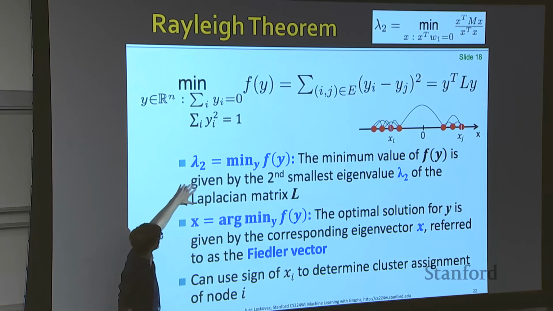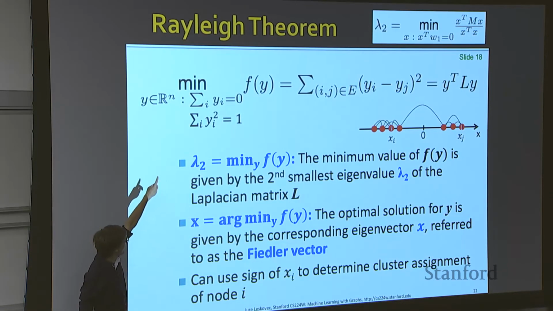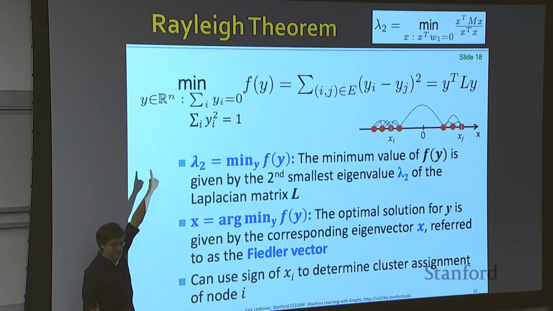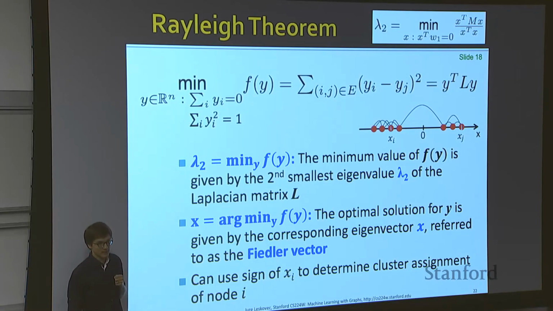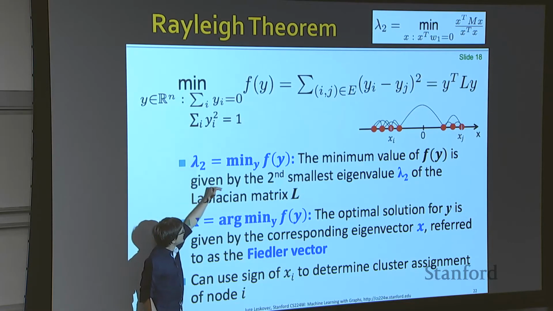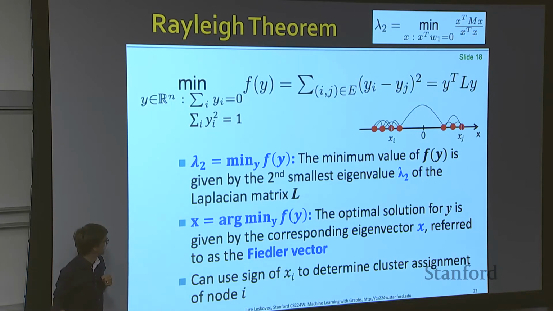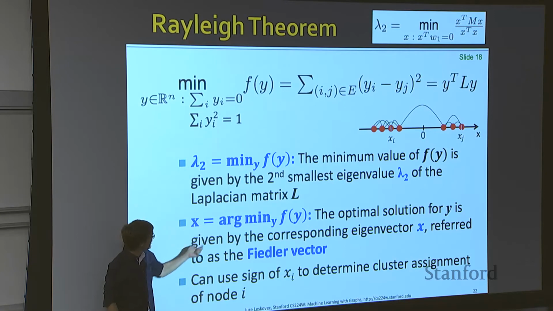So this says that the solution to the following optimization problem, where now we allow y to take real values, but its components have to sum to 0 and the squares of its components have to sum to 1, then lambda 2 is the value of the optimization problem.